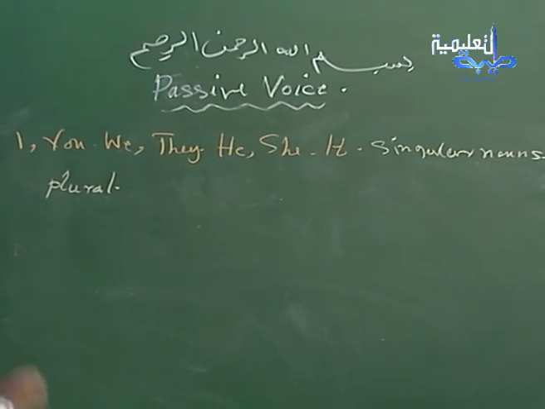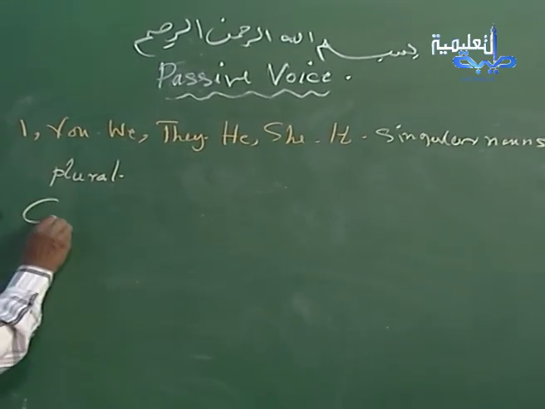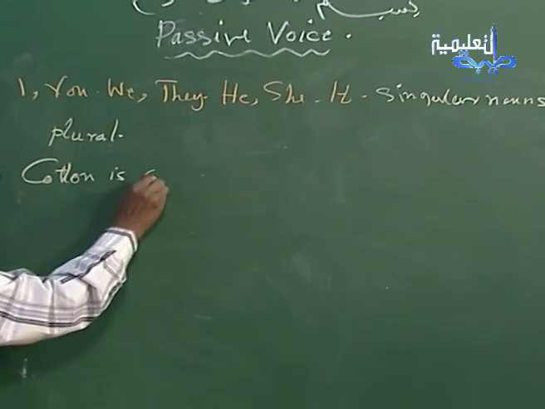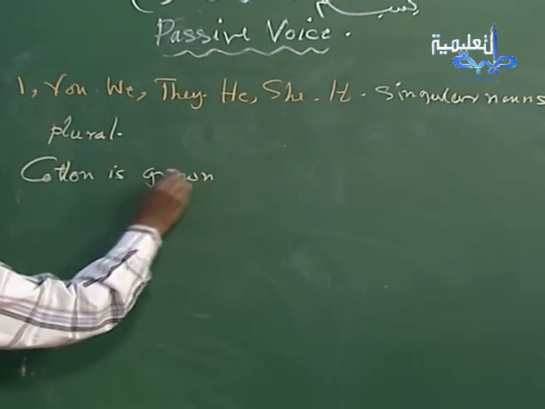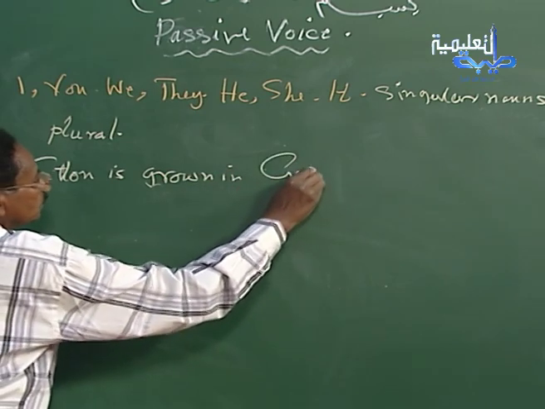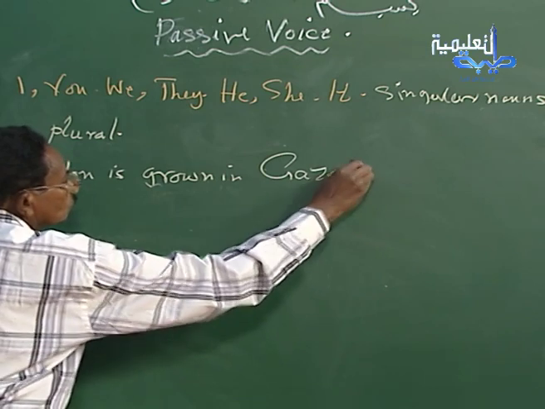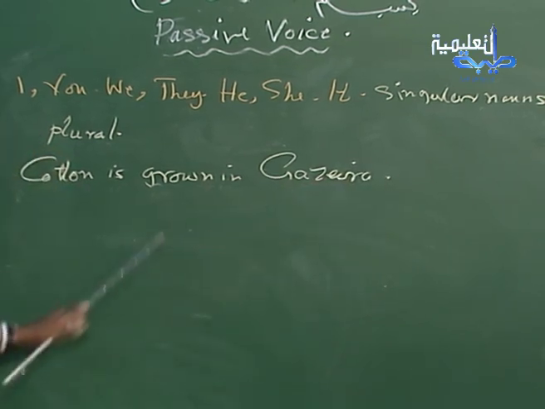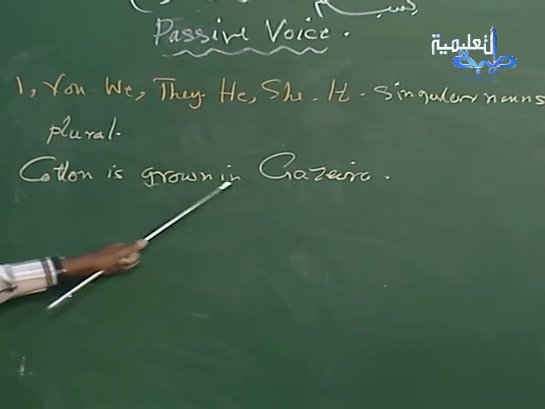For example, cotton is grown in Jazeera. Cotton is grown in the Jazeera. You see, cotton is grown in the Jazeera.